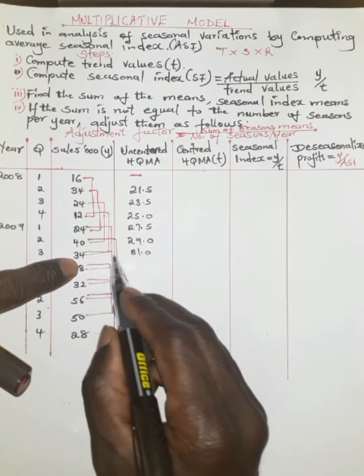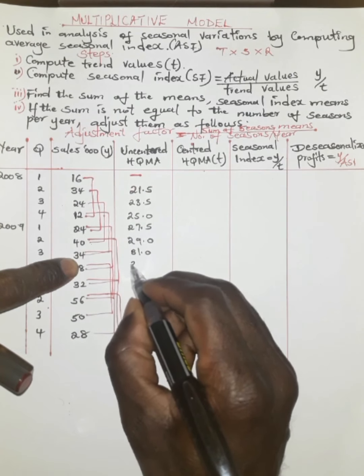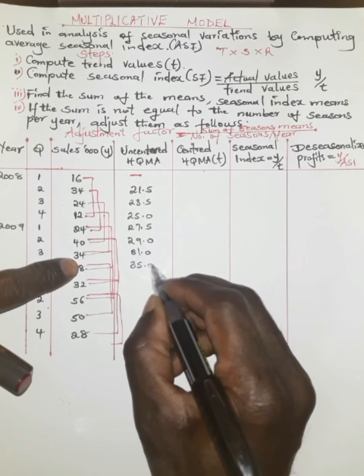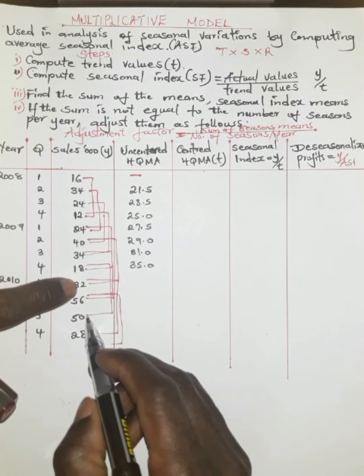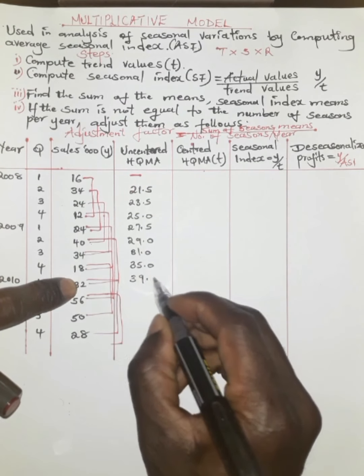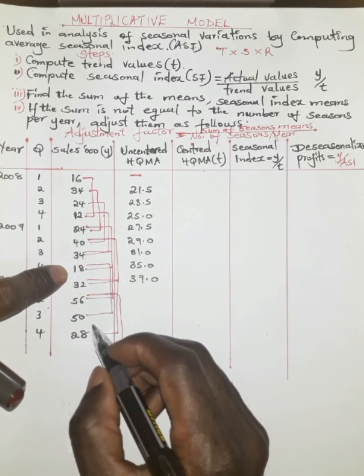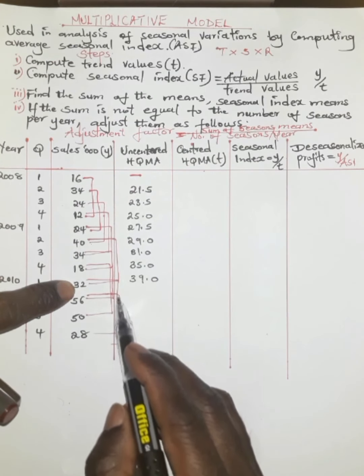Add these 4 again, divide by 4, and you should have a value of 35.0. Again add these 4, divide by 4, and you should have a value of 39.0.